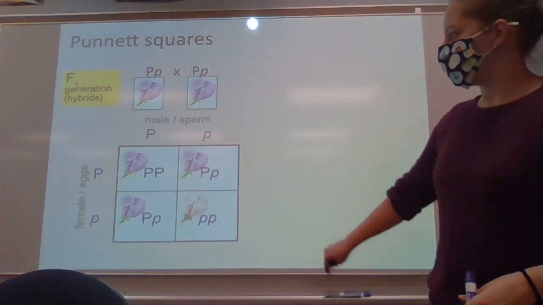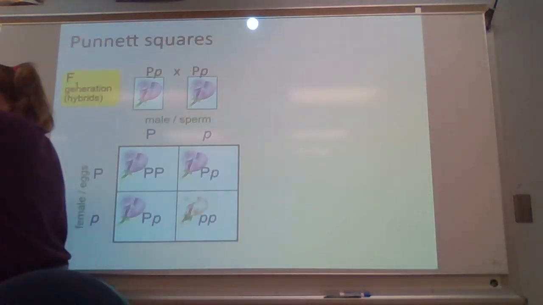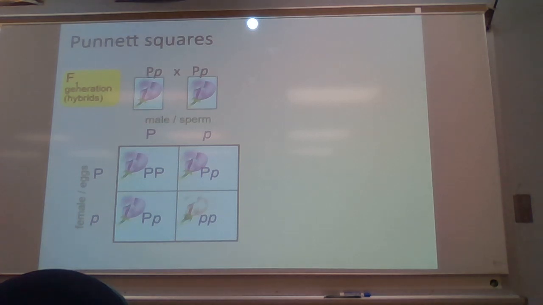All right, is that what you got? Okay. The other important thing with Punnett squares is that we have to be able to record the genotype and phenotype ratios. Is that ringing some bells for you? Okay, I do have a pretty specific way I want you to write those ratios, so we'll talk about that.